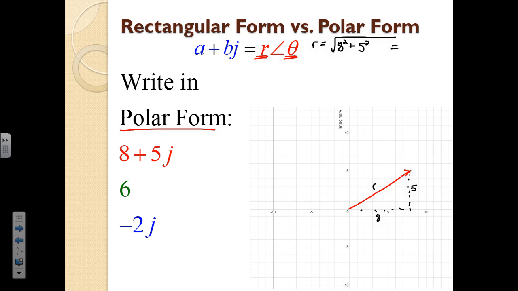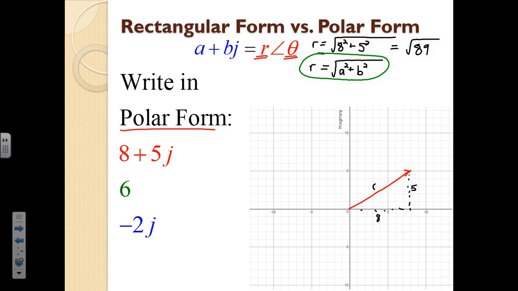And if you compute that, you end up with about the square root of 89. And in fact, you can generalize that and say that our magnitude can always be found by taking the square root of our real part squared plus our imaginary part squared. That's particularly useful. Let's keep that.